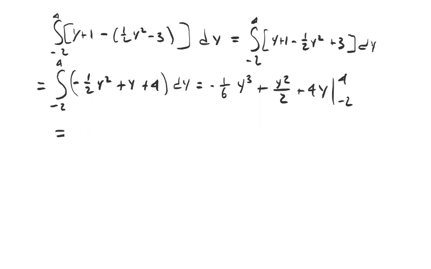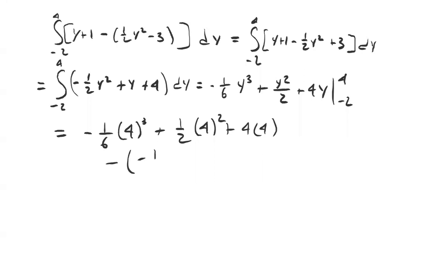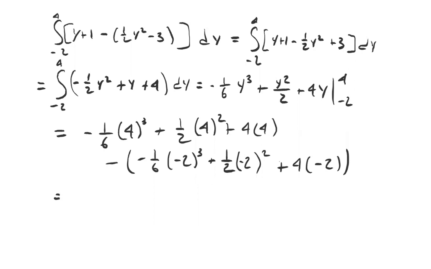So if I plug this all in, I'm going to get negative 1/6, 4 cubed. So I'll just do every step so we see it. Minus negative 1/6, negative 2 cubed plus 1/2, negative 2 squared plus 4 times negative 2. Okay, so we can go through and simplify this a little bit.